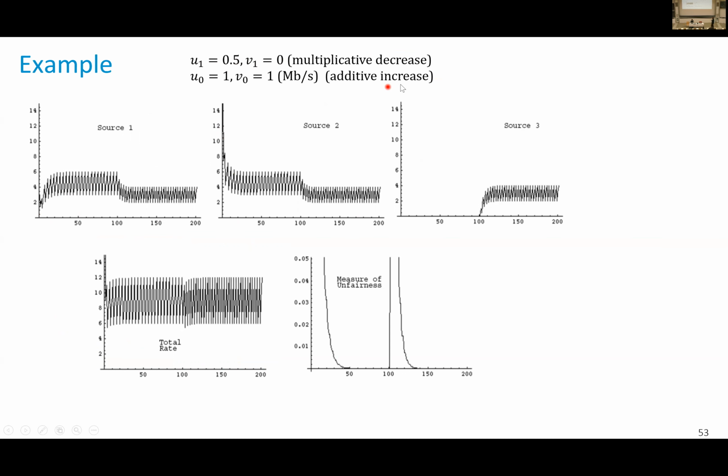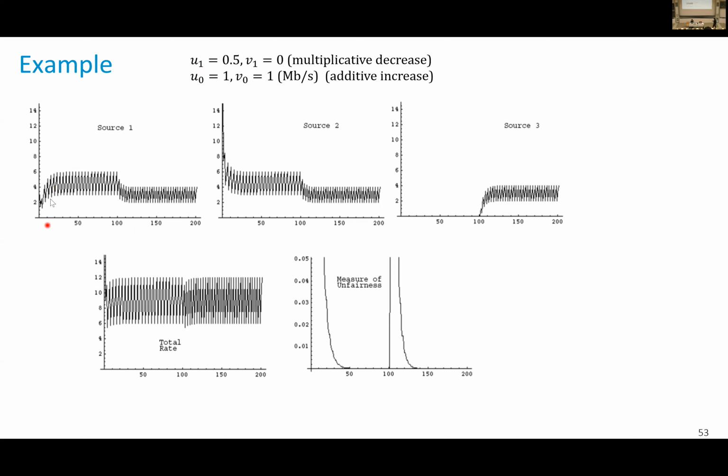And when we receive positive feedback or 0 bit, then U1 is 1. That means the new rate becomes the old rate plus 1 megabit per second. So we have an additive term, and we multiply by 1, which means we do not multiply. So we are doing here what is called multiplicative decrease and additive increase.